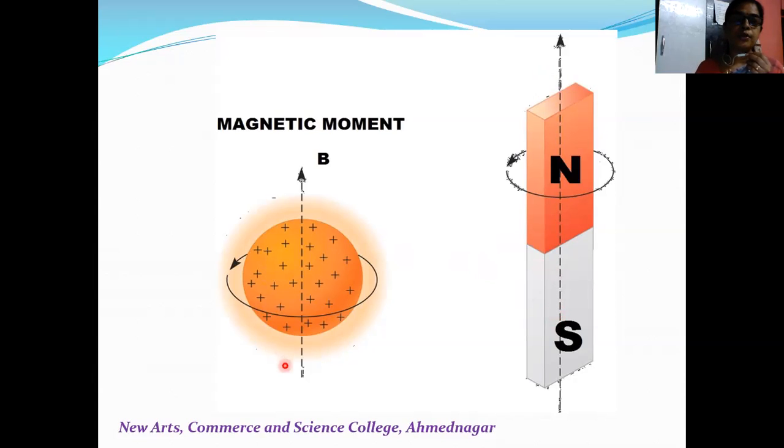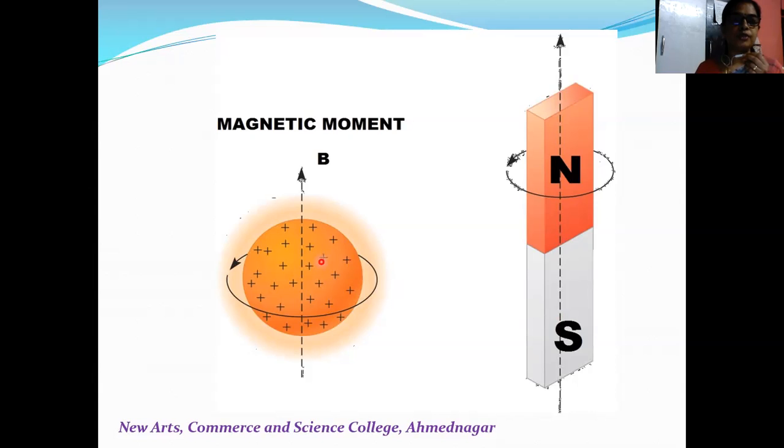Now why is this nucleus compared with the magnet? This is because it is a spinning nucleus, that is, it is in motion and it has a charge. Any charged particle, if it is in motion, will generate a magnetic field. That is, it is a magnet. For instance, we'll consider a proton nucleus.